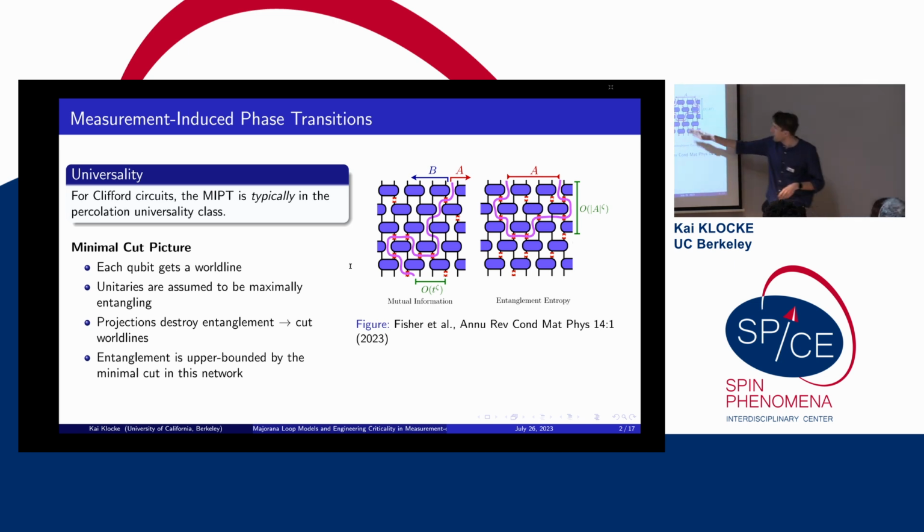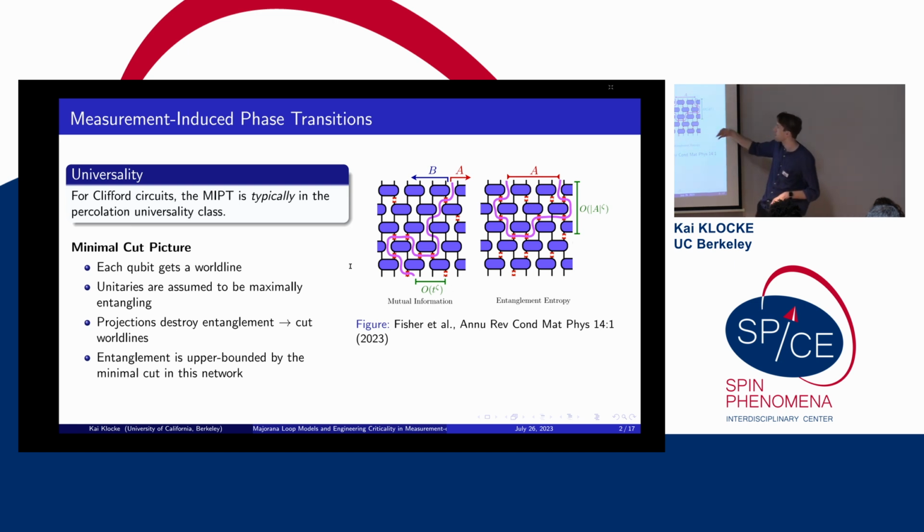And what you essentially get now is this network where measurements are cutting these bonds and unitaries are giving you bonds. And the entanglement entropy, say, between 2 subsystems or of some subsystem A, just has to do with the minimal cut that you can draw through this network. So what that means is the path you can draw from this endpoint to this endpoint through this space-time history of the circuit that crosses as few solid lines as possible.